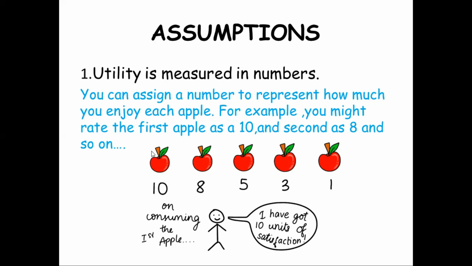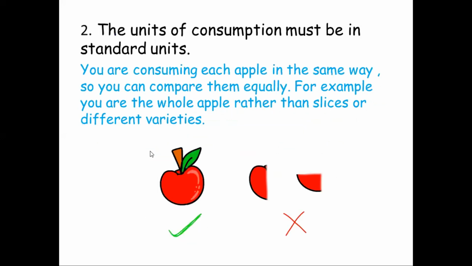Let us go to the second assumption. The units of consumption must be in standard units. You're consuming each apple in the same way, so you can compare them equally. For example, you eat the whole apple rather than slices or different varieties. So this assumption basically says that the units which you are consuming should be in standard units.